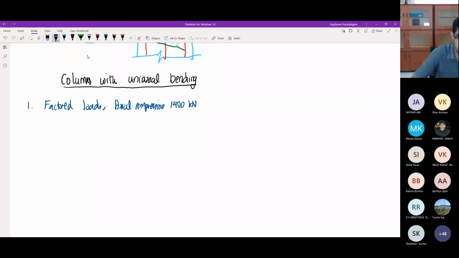and the ultimate, actually this can also be called ultimate axial compression, and ultimate moment along one of the directions is 280 kilonewton meter.